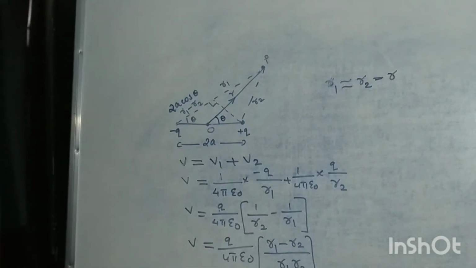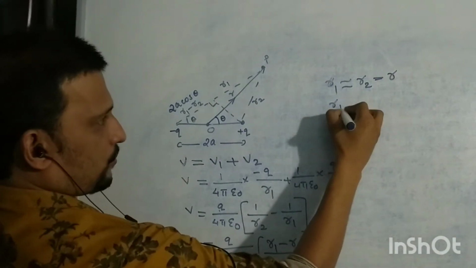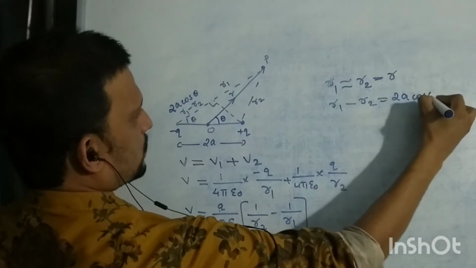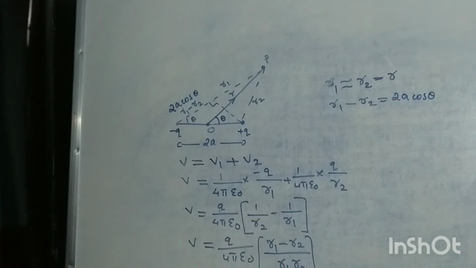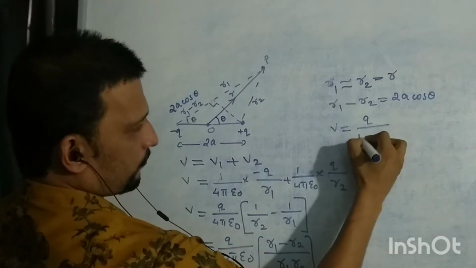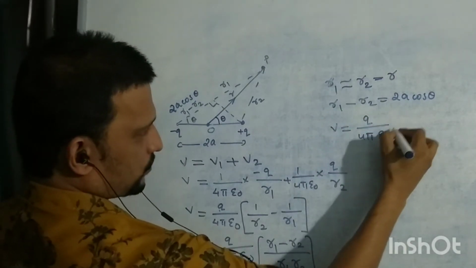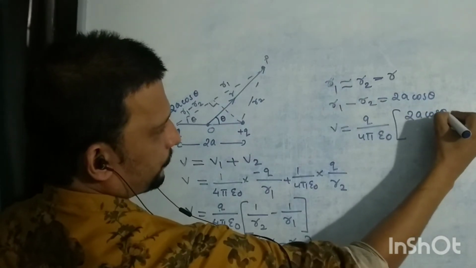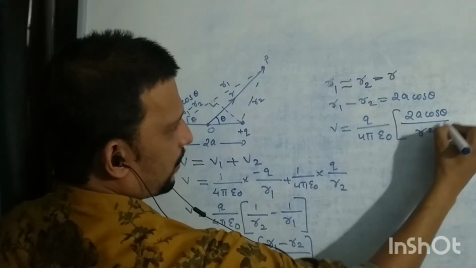So that is actually an approximation. And also r1 minus r2 we can write as 2a cos theta. On substituting these values here, we get V is equal to q by 4 pi epsilon 0 into 2a cos theta divided by r square.